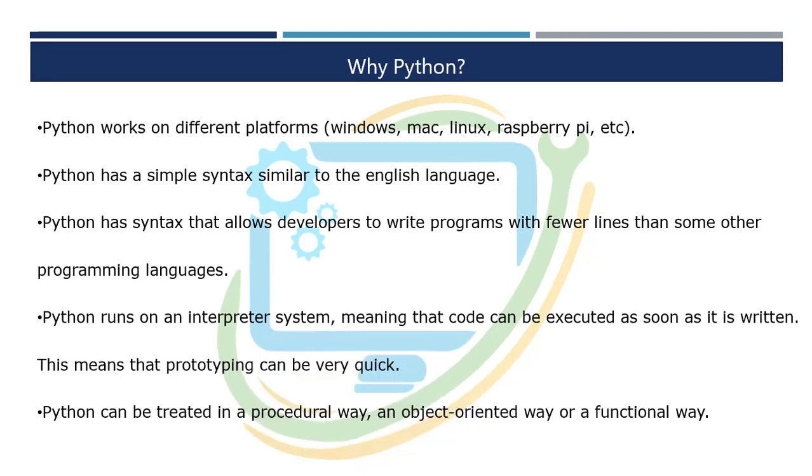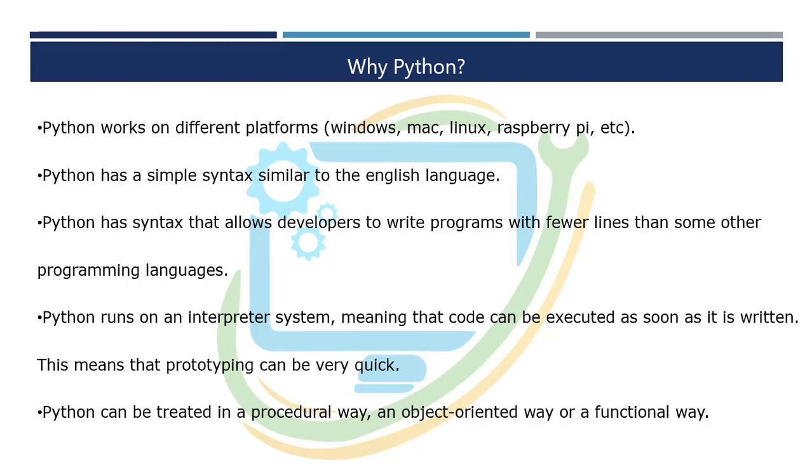If you are assigning 10.5 to a, the type of the variable a will be double or float, because its value is double or float. So Python has a syntax that allows developers to write programs with fewer lines than some other programming languages. With this advantage that this language is near to the English language, you can solve your problem with few statements.